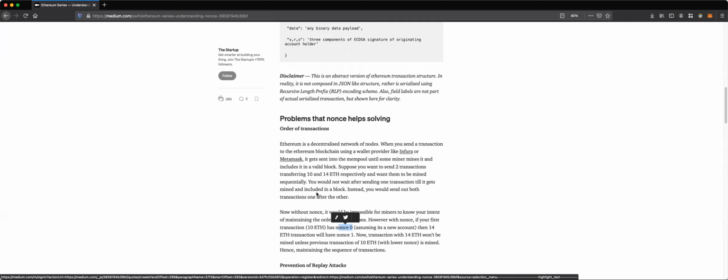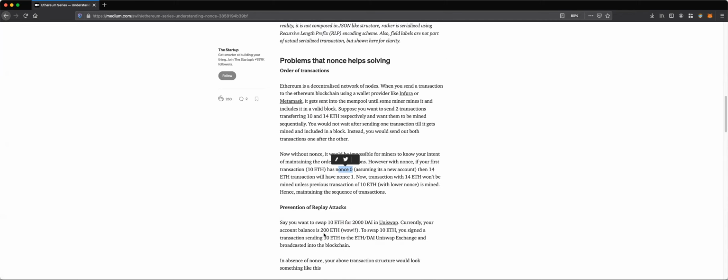Now after you send the first transaction, the second one is going to have a nonce of 1. When it enters the pool, it needs to be mined into the blocks. The first one, the 10 that you sent, needs to be mined first.